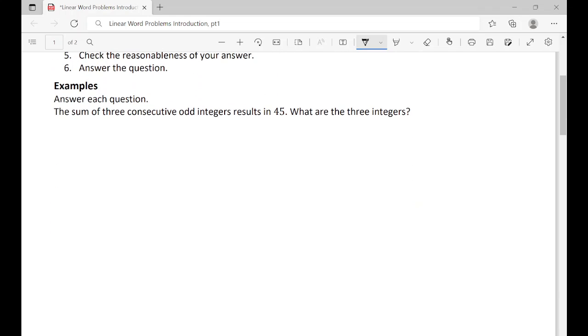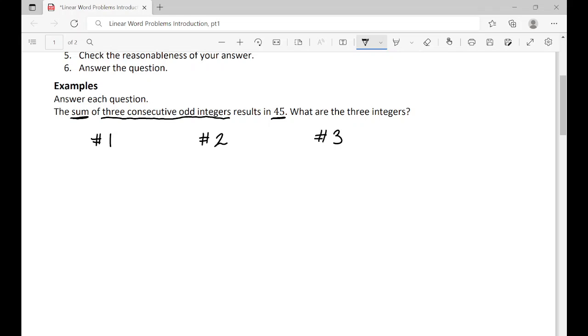So let's start with the first one. The sum of 3 consecutive odd integers results in 45. What are the 3 integers? So we know we have number 1, number 2, and some number 3. And so we have the sum of 3 consecutive odd integers.